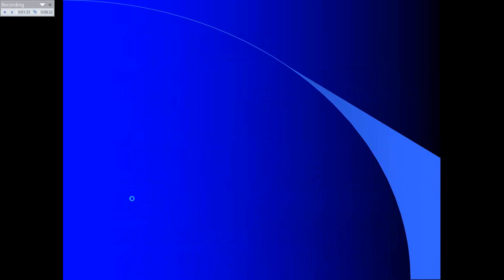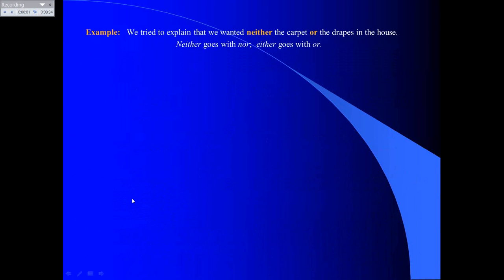So here's some examples of problem sentences. We tried to explain that we wanted neither the carpet or the drapes in the house. Well, neither goes with nor, and either goes with or. But up here we've got neither stuck with or, and it's wrong. It should be neither nor.